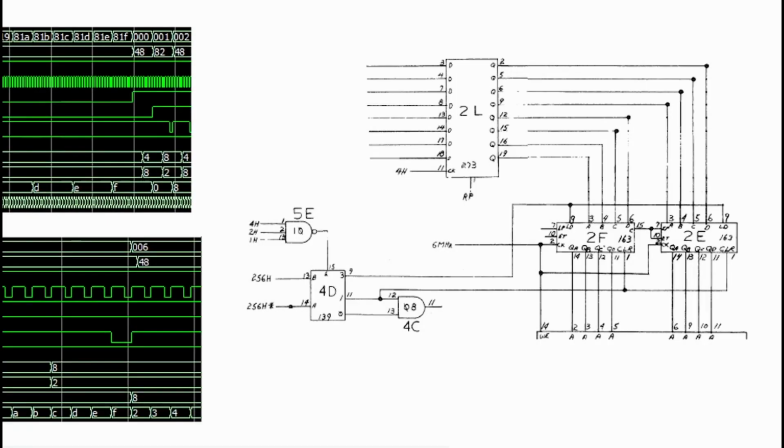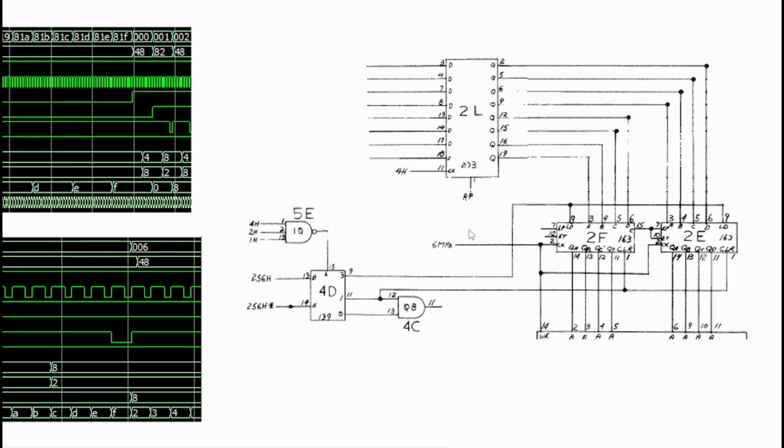So back to the timing circuit, we see that the horizontal counter has two phases. One during the H blank, when it loads data from the 2L chip when 4D output 3 goes low. Then the second is just after the H blank, when its count is based on the 6 MHz pixel clock.